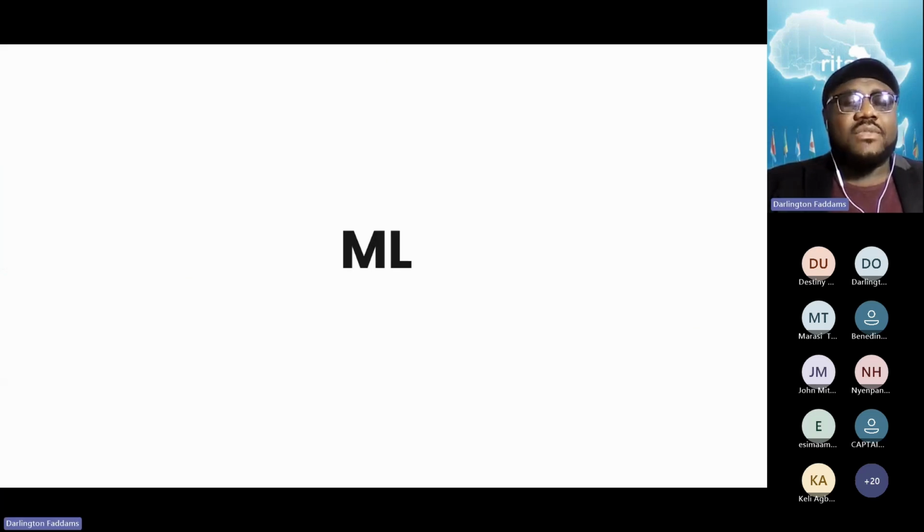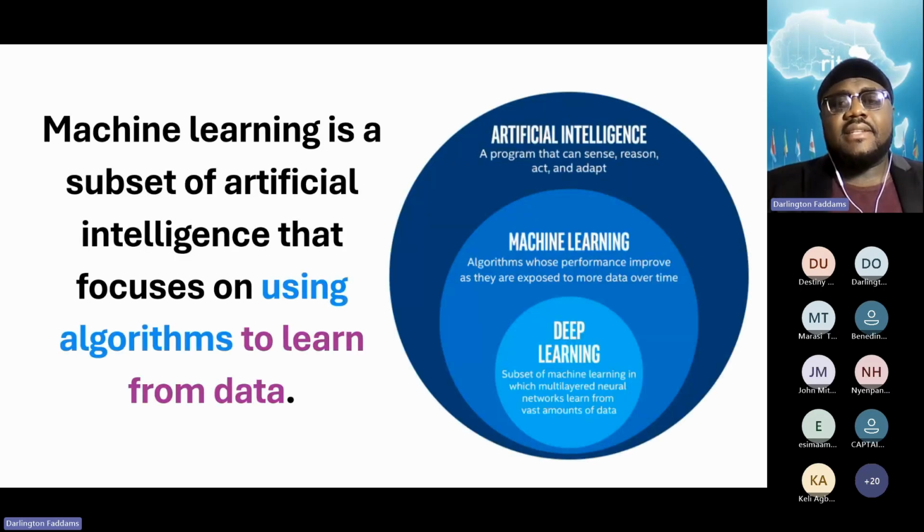One of the techniques is what we call ML. If you look at this diagram, you can see that ML is within AI. And so ML is not out of AI, ML is AI. What is ML?